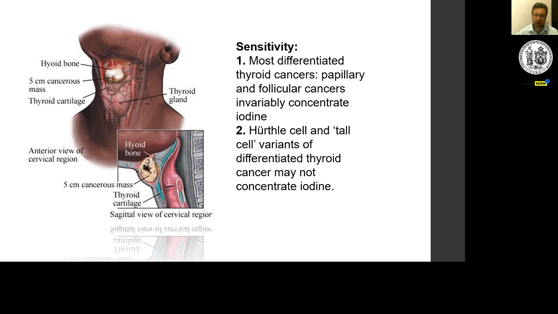The issue of sensitivity is very important in case of radiation treatment of the thyroid gland cancer. We know that most differentiated thyroid cancer, like papillary and follicular cancers, have different ability to concentrate radioactive iodine. And we also know that so-called Hürthle cell and Tall cell variants of differentiated thyroid cancer may not concentrate iodine at all.